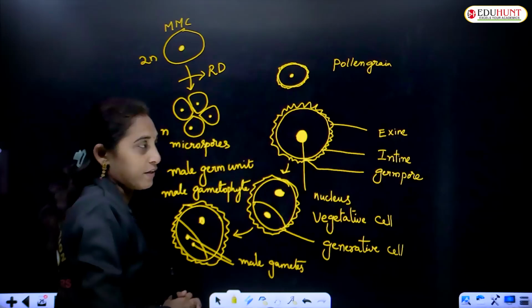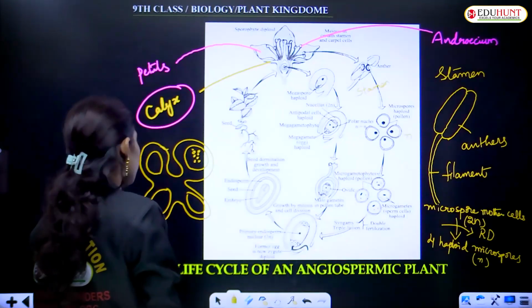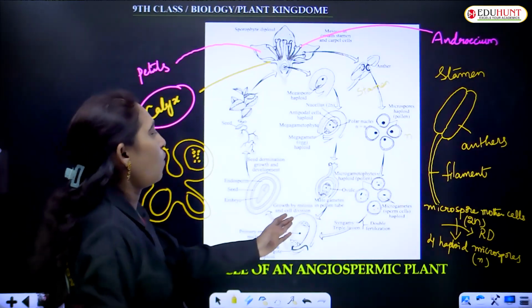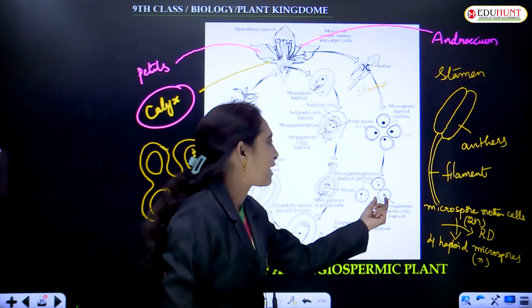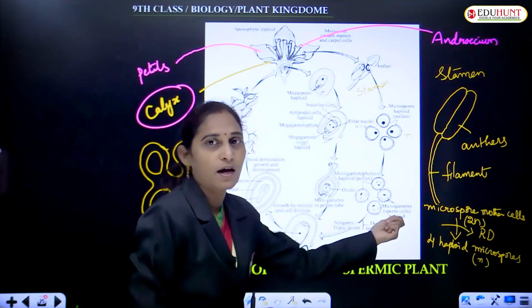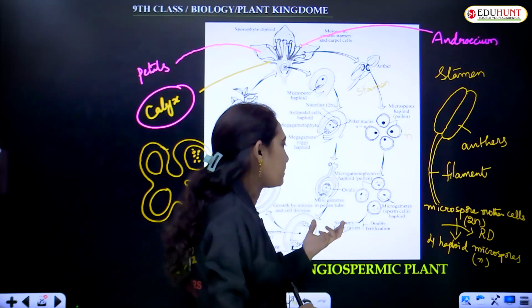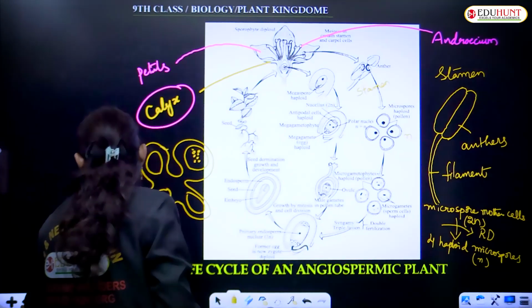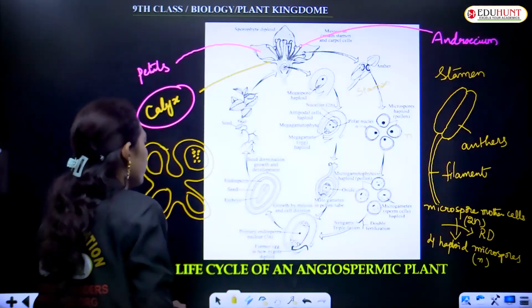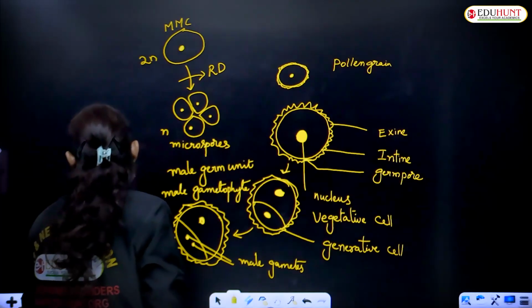These are microgametes. Microgametes are male gametes. These are sperm cells which are haploid in nature. Just now I have drawn them. Yes, these are the male gametes.